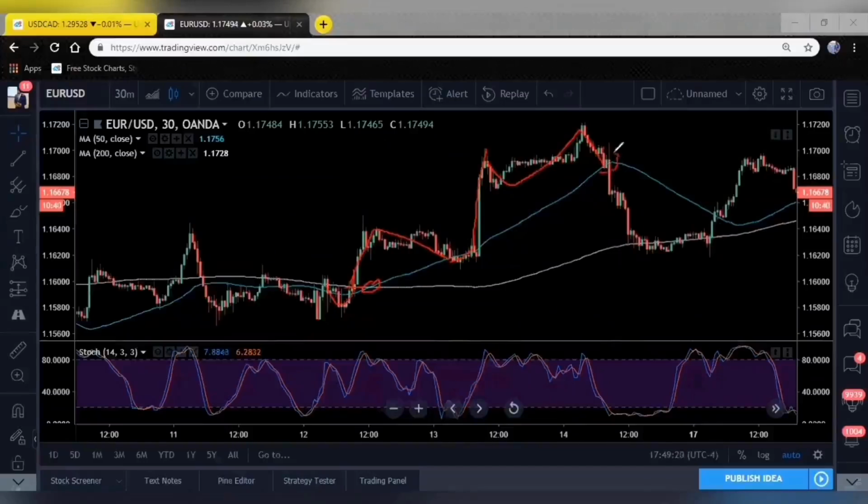Here we notice candles are falling right below that moving average. Therefore, that moving average 50 represented a resistance zone at that moment. Therefore, price sold towards the 200 moving average to represent support.